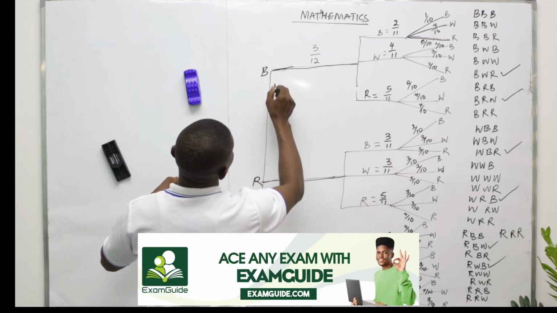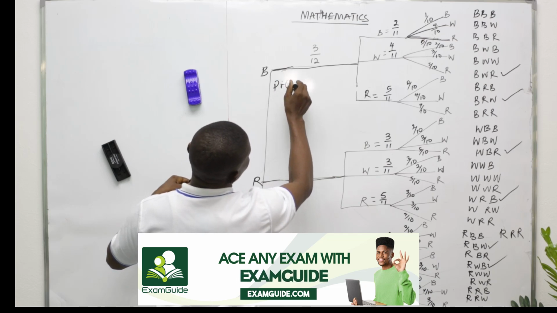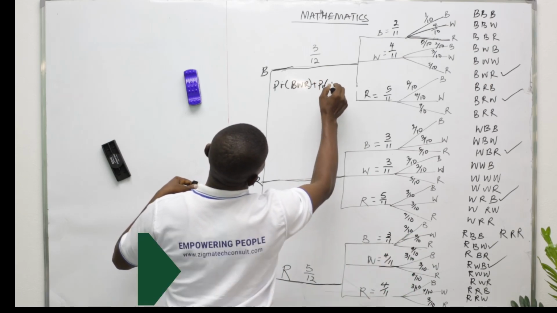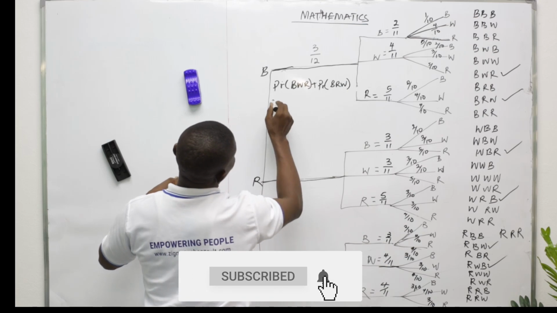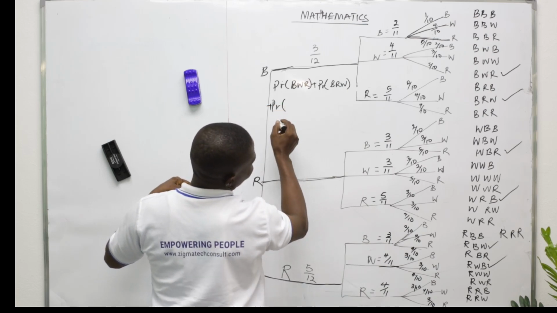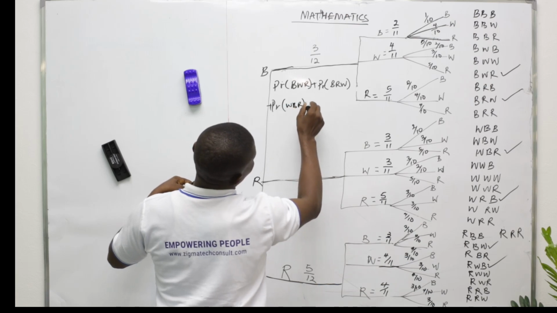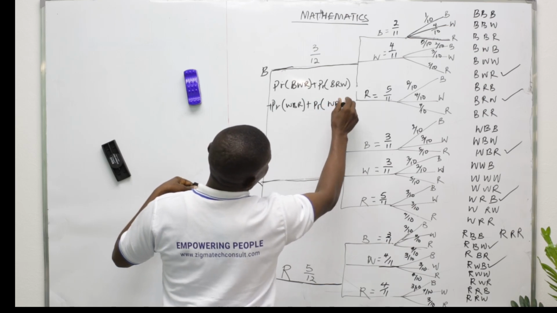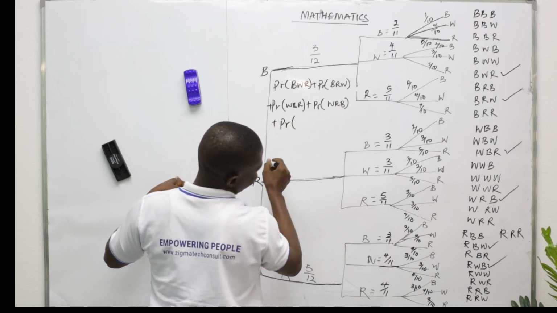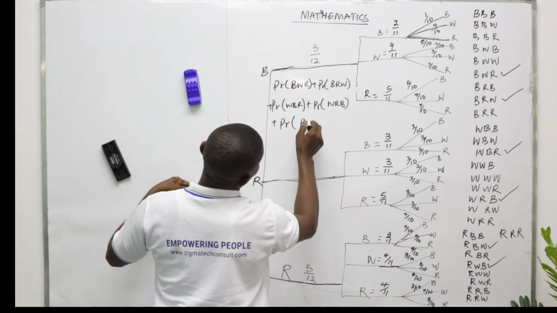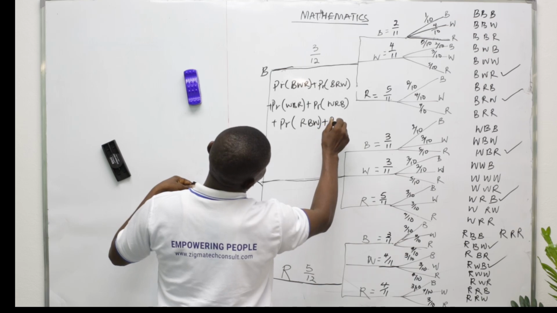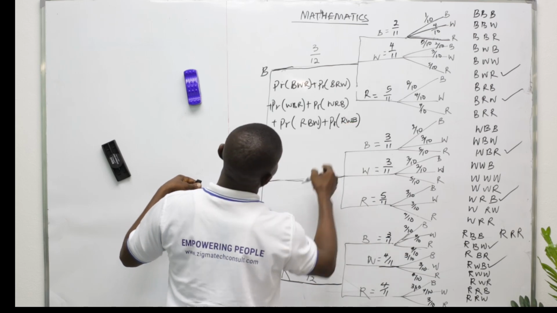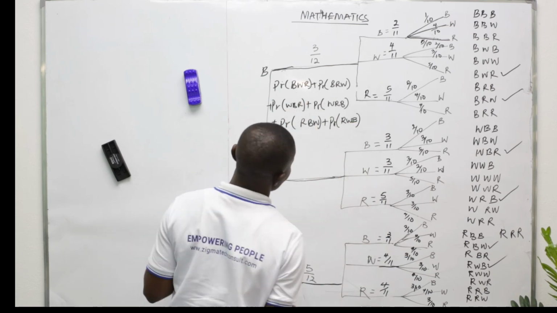The probability will have PR of black, white, red plus PR of black, red, white plus PR of white, black, red plus PR of white, red, black plus PR of red, black, white plus PR of red, white, black. 1, 2, 3, 4, 5, 6.